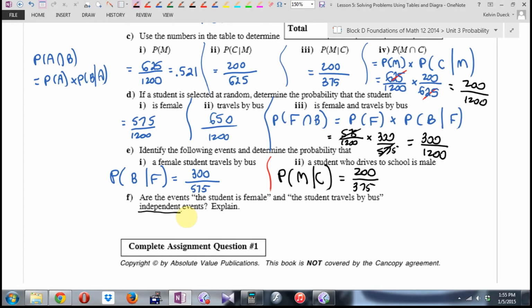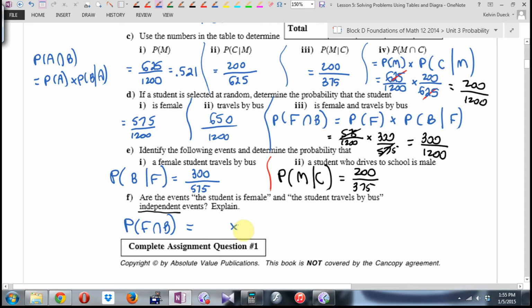Well, if they were independent, that would mean that would be just multiplying them together.